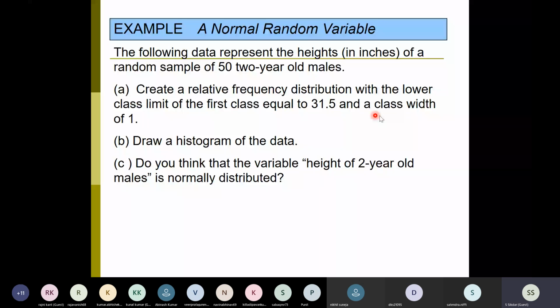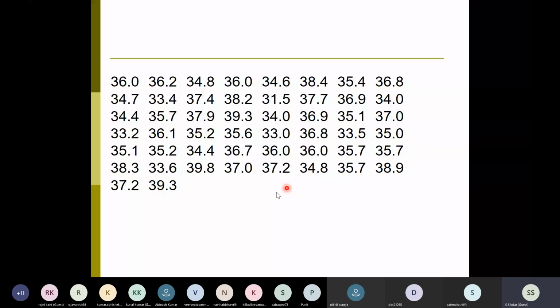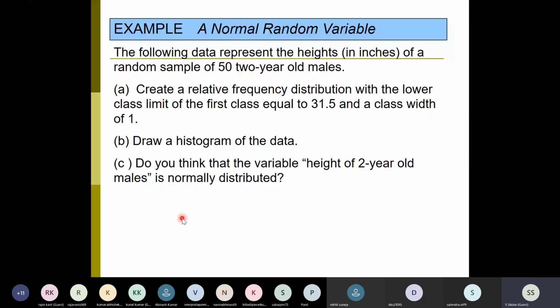You have to say whether this variable is normally distributed or not. The data is given here, with the frequency.